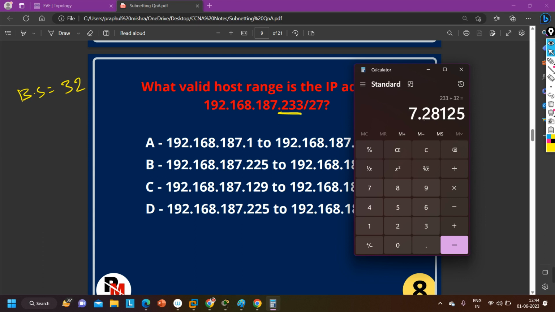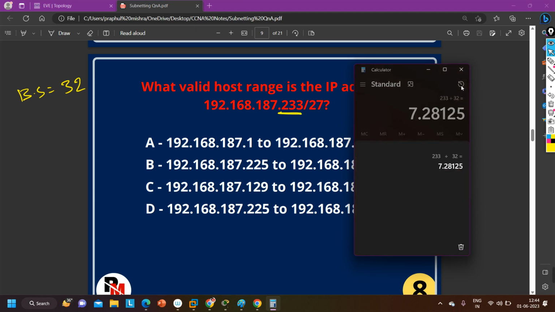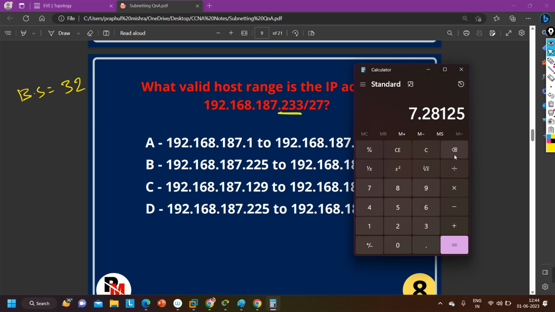What value am I getting? 7 point something. So not like this. You need to find the nearest number which is divisible by this number. So how can we find that number? 2 power of h minus 2.